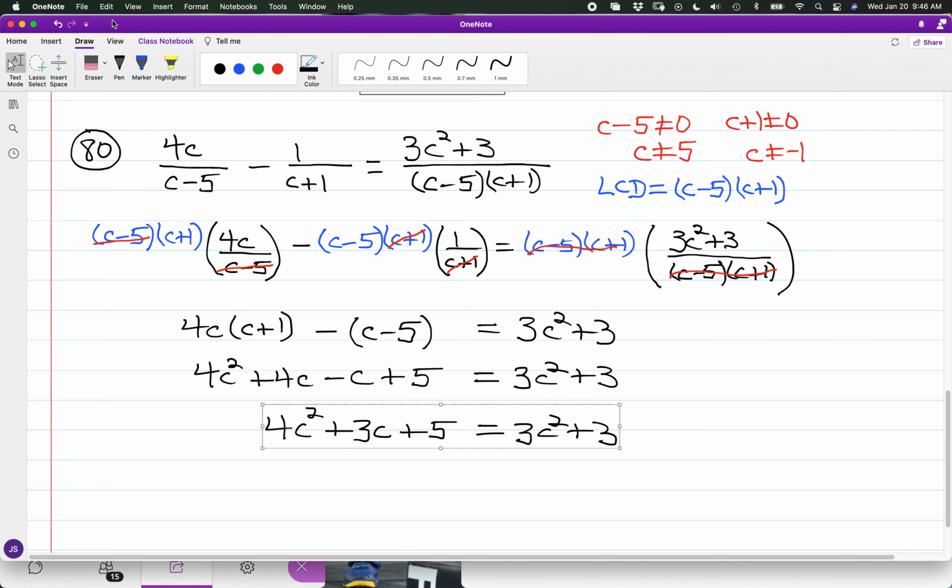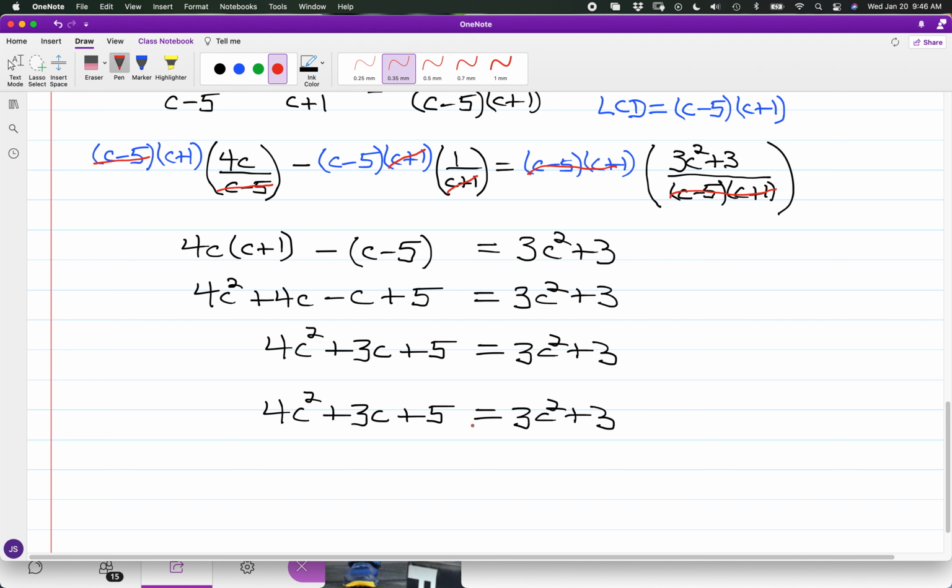Okay, now we have a quadratic equation in the variable C, and I'll display this in standard form, that is, with the terms in descending degree order and set equal to 0.